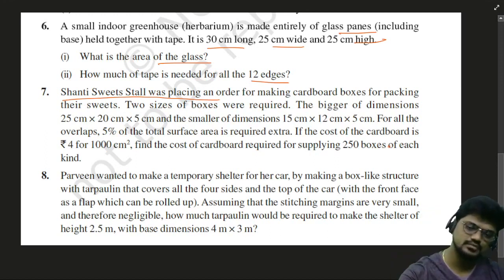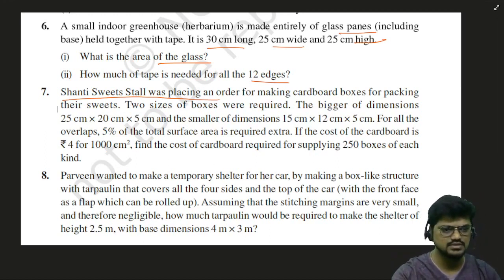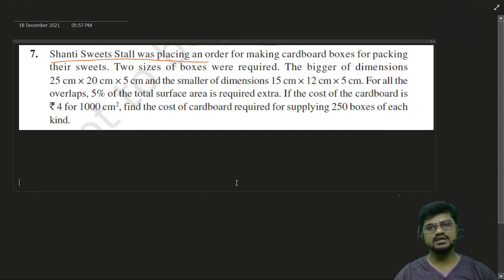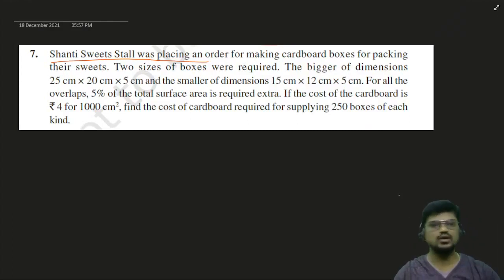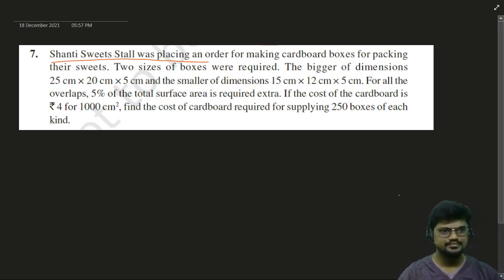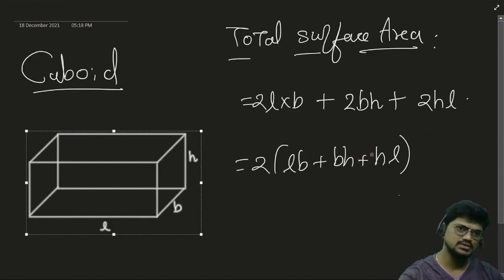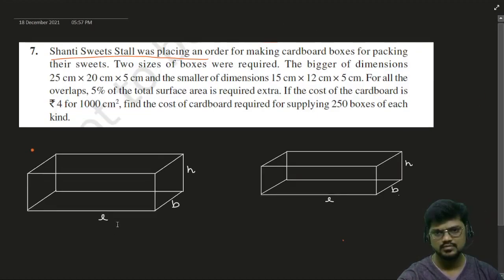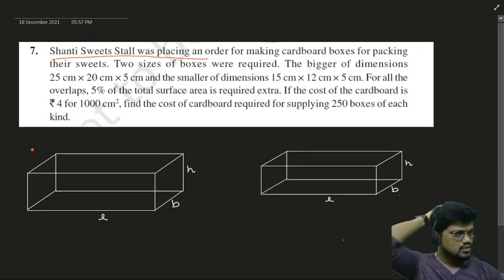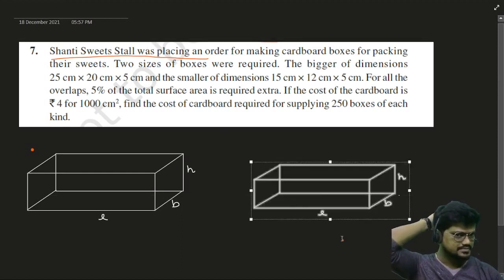Okay, see over here. I'll solve this. See what they are saying. Shanti Sweet Stall was placing an order for making cardboard boxes. Okay, they are making two types of boxes. So if I take one of the boxes as this, okay, they are making two different types of box as you can see.